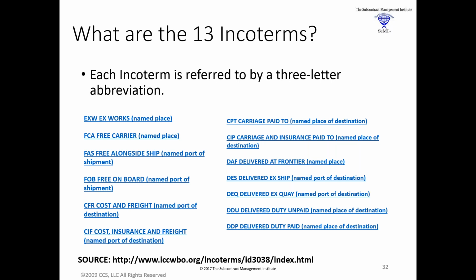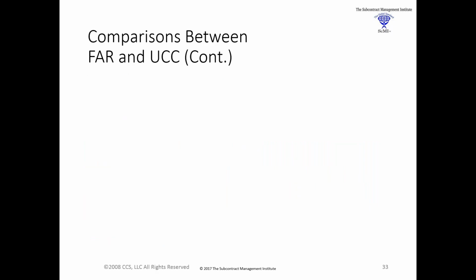But the point is, you are probably beginning to see these terms in some of your contracts because internationally, they are being more widely used. And that means on the UCC side of the house, they are going to be more widely used. Whereas on the government side of the house, until the regulations change and the FAR Part 52 clauses change, you're not going to see them. Again, conflict of laws. How do you deal with that? So be aware of that.